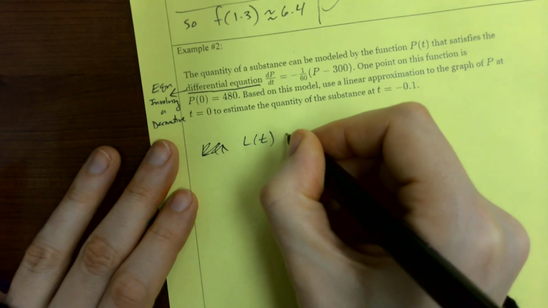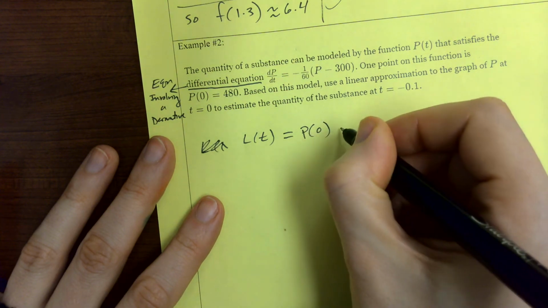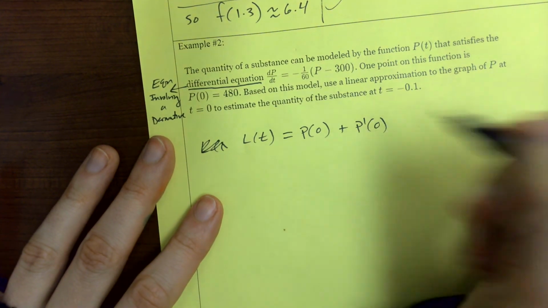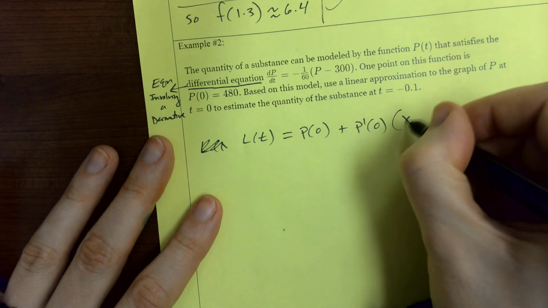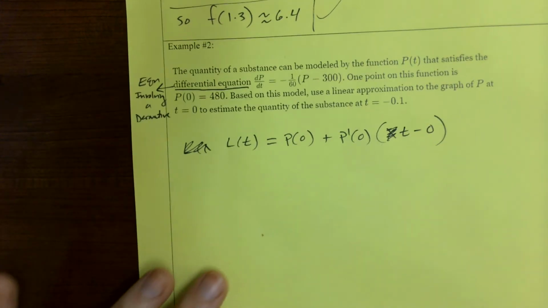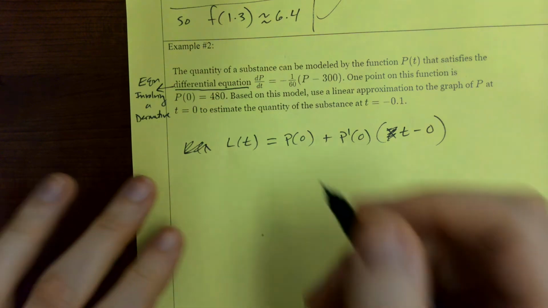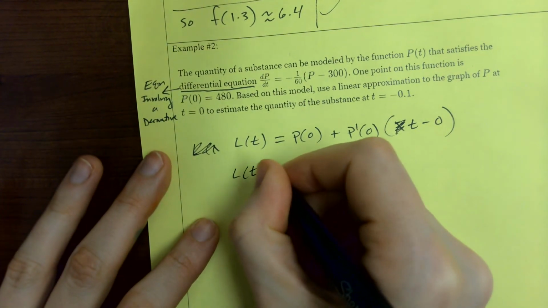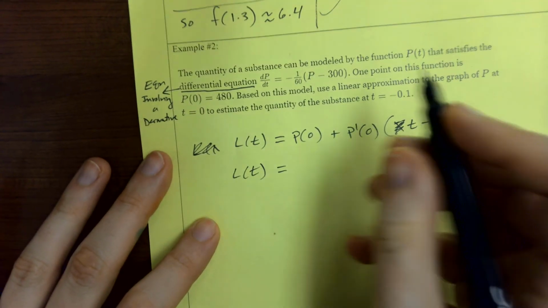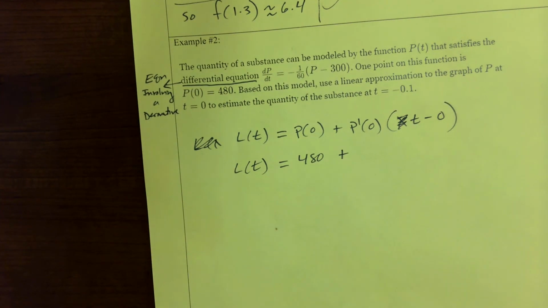L of t is equal to P of 0 plus P prime of 0 times t minus 0. So it's t instead of x. So L of t is equal to P of 0, which is 480, plus P prime of 0.